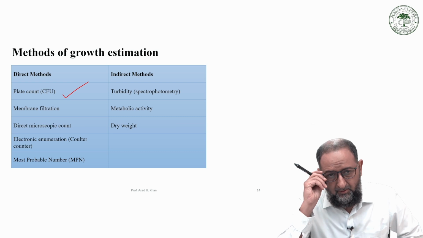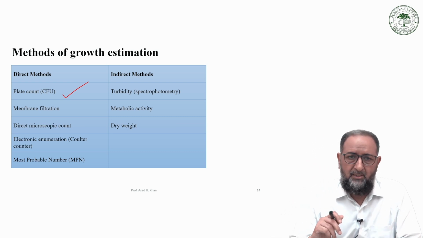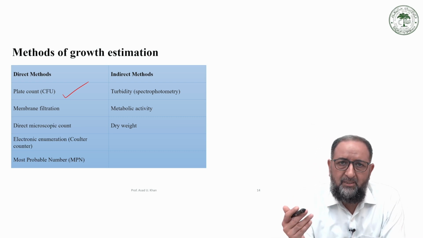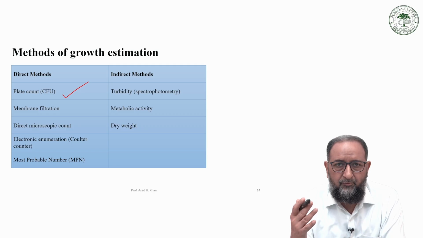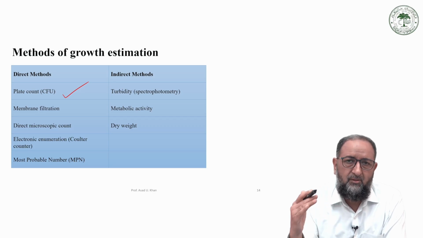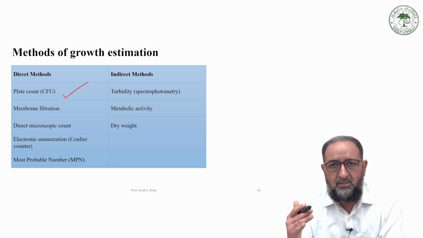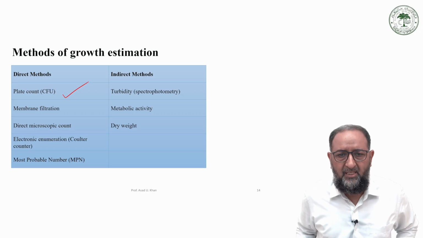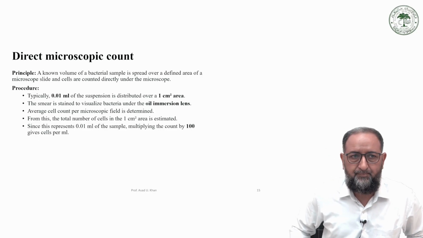Now in case of indirect methods, you have the turbidity method, that is spectrophotometry or colorimeter. Then we have metabolic activity, where you can measure growth at different levels. You can get the whole mass, the dry mass of the cells. Then dry weight can also be calculated.